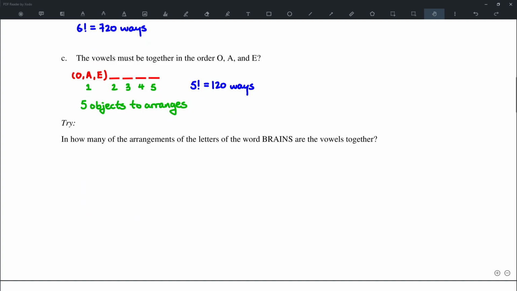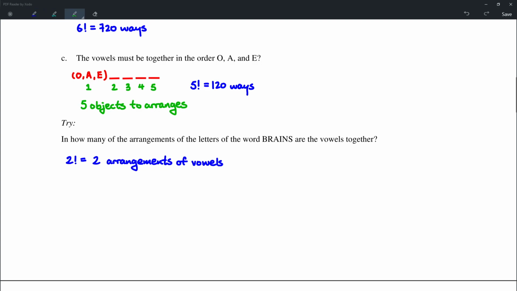For this next try question, very similar. So we're looking at the word brains. Now, if the two vowels are together, there are two factorial ways to arrange them. Now, this group of vowels can be arranged with the remaining letters. There are 4 of those.